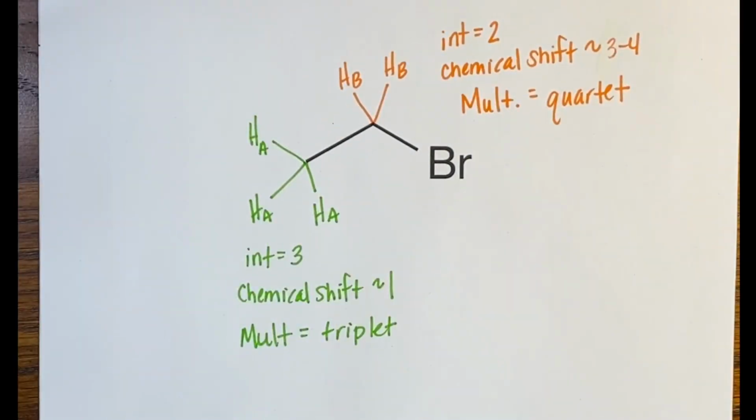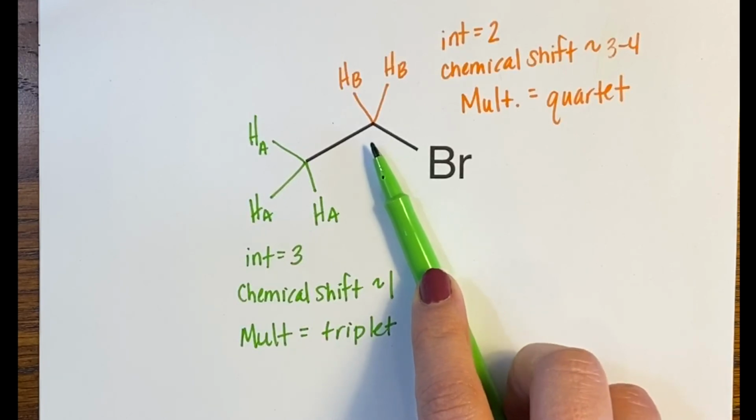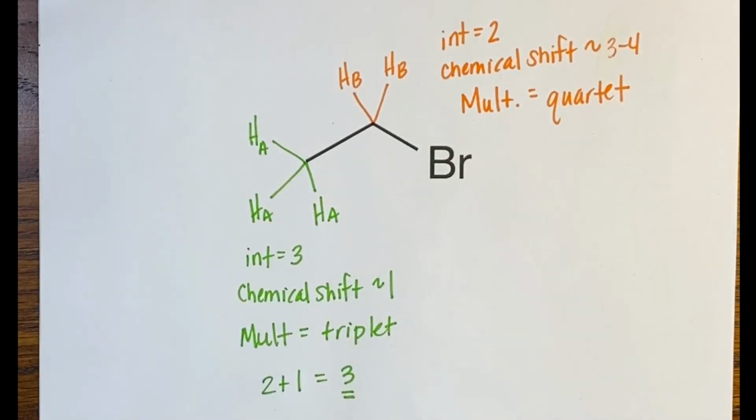If we were to look at this structure and apply the n+1 rule for our protons HA, remember that the n+1 rule tells us that protons that have n equivalent neighboring protons will show n+1 peaks in their NMR signal. So for HA, when we look at the adjacent carbon, we have 2 protons. That means that we're going to have 2 plus 1, which is 3, which is consistent with that triplet we just looked at.